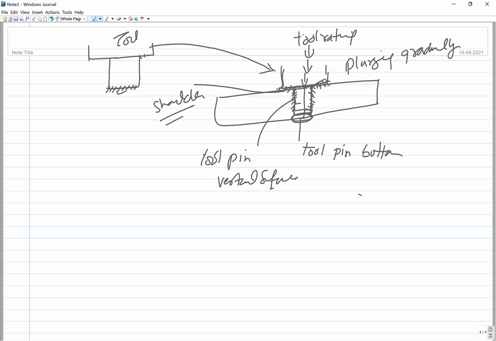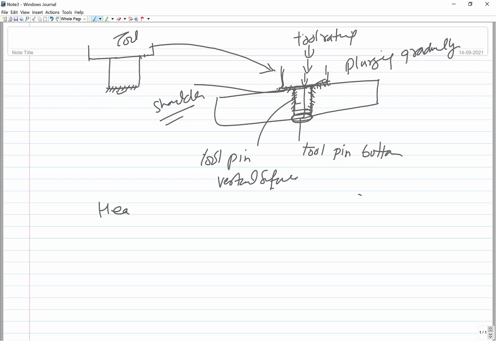So all these heats need to be considered while looking into the various aspects related to friction stir welding.